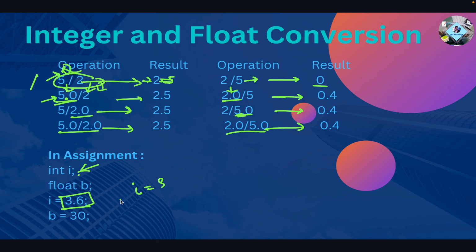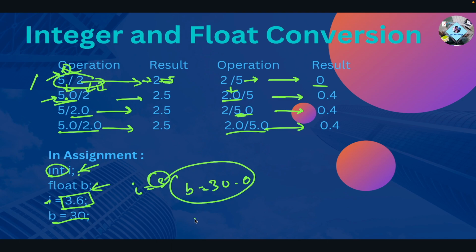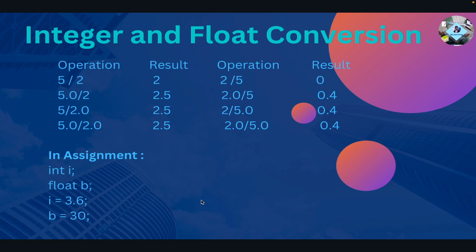Okay, because the type is integer, right, because I is an integer value, so it will store only 3. Okay, but what will happen here? B is a float, but we are using 30 here, so B will be 30.0. This is a real value, right, so this will be float. Okay, so this is integer and float conversion.